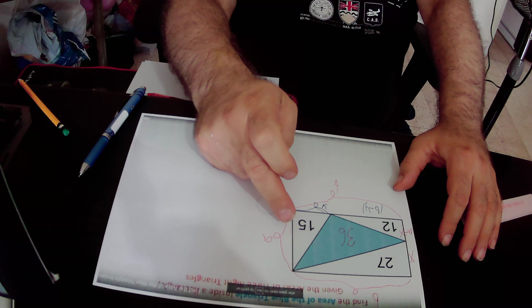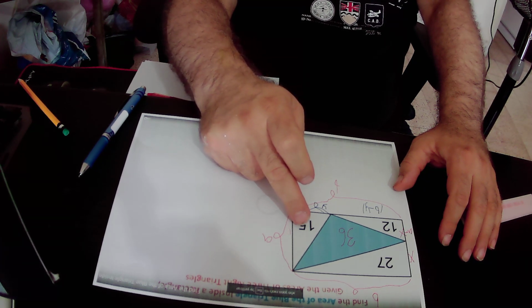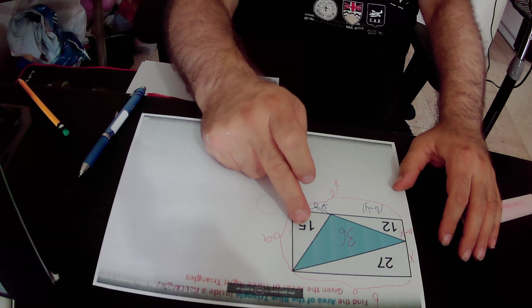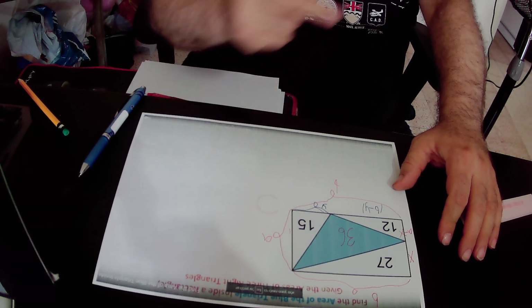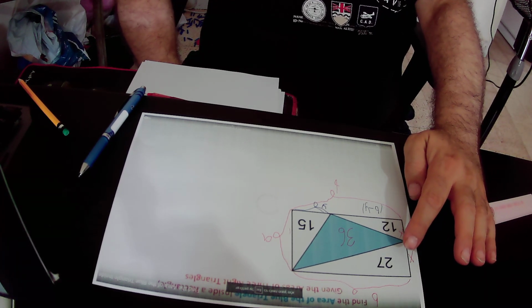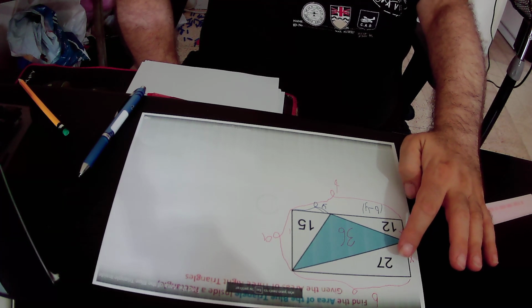So y times a divided by 2 is the area of this triangle, equals 15. Y times a divided by 2 equals 15. This is the first equation that we created. Then we created the second equation for the area of this right triangle.